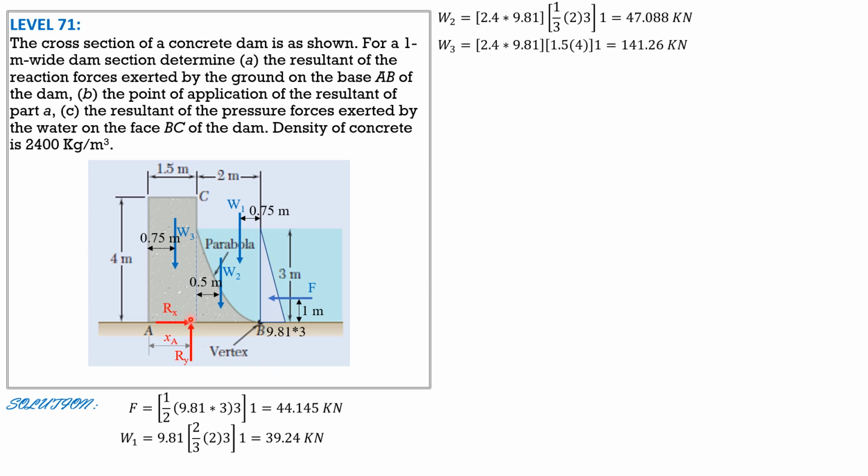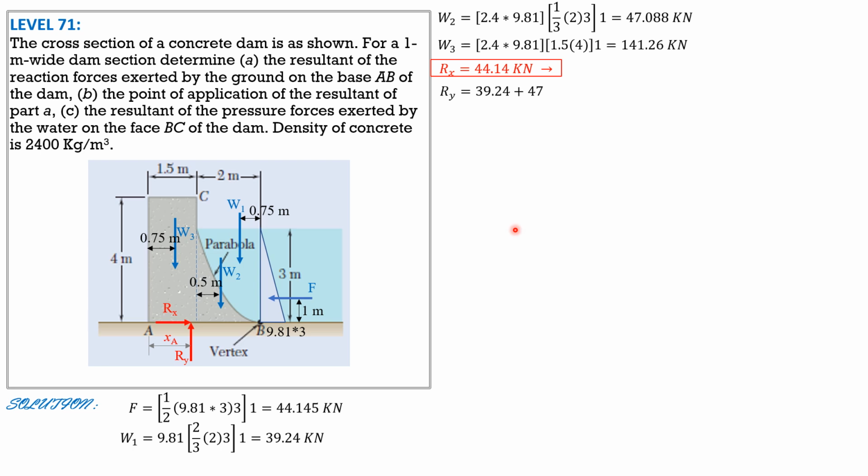Therefore, Rx is F, and F is 44.14. So that's the resultant reaction force, Rx, 44.14 kilonewtons rightward, while Ry is the sum of weights.